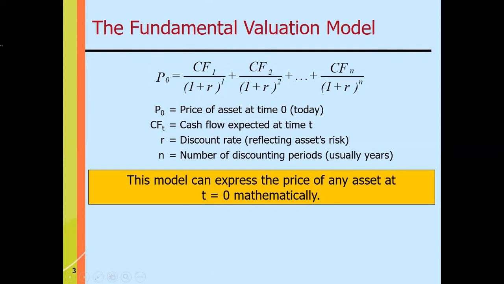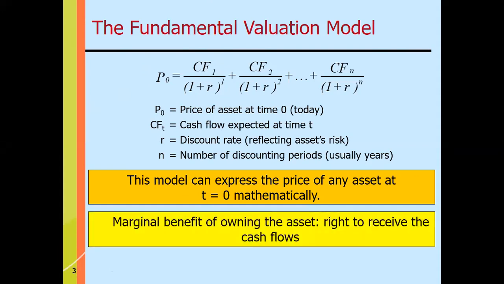But then to simplify the ordinary annuity and annuity due, we are going to make use of the shortcuts as discussed in time value of money. Then marginal benefit of owning the asset. This is the right to receive the cash flows. You have to make sure that in any asset, there would always be benefits in whatever form, whether quantitative or qualitative, and financial, but more in financial because we are under financial management.